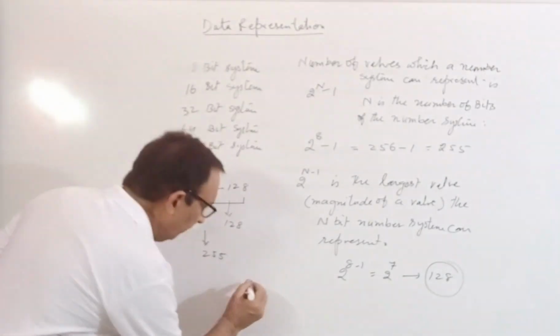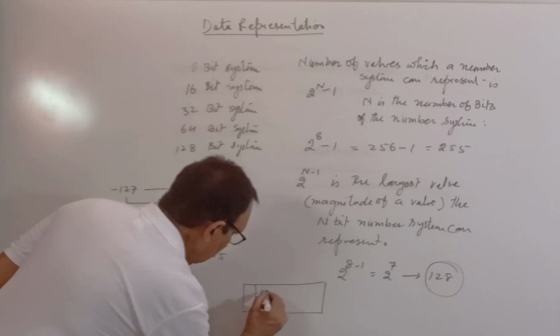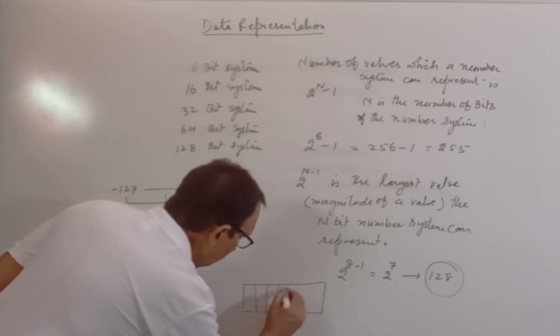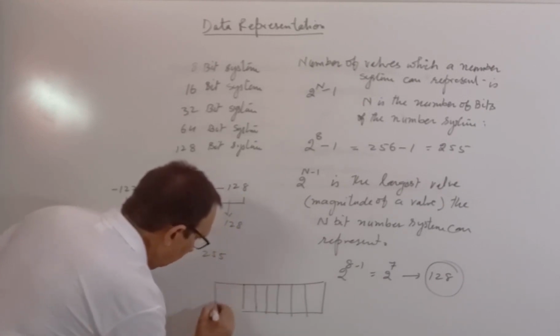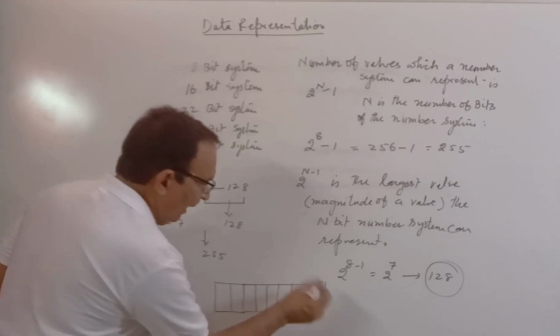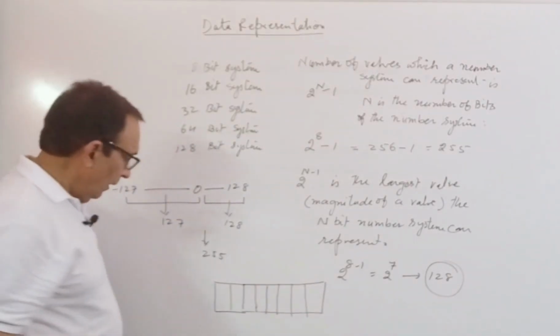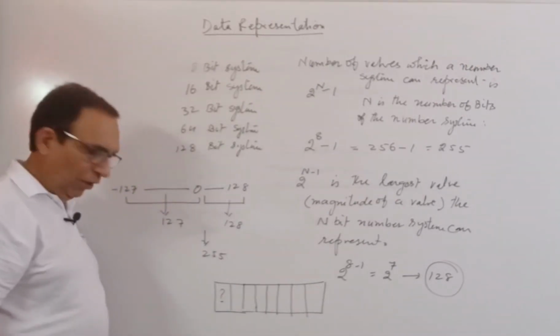If you see the 8-bit system, 1, 2, 3, 4, 5, 6, 7, 8. 8 bits. This bit is reserved. Why it is reserved? We'll talk about it.